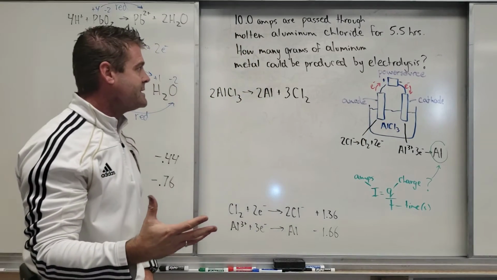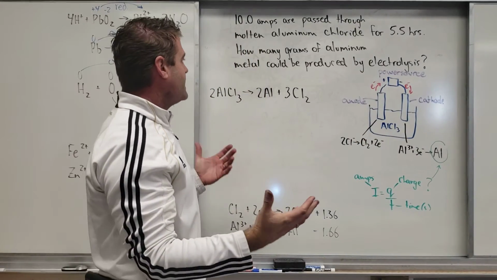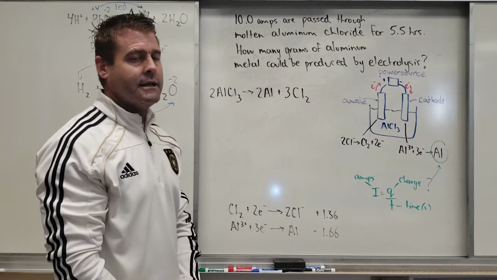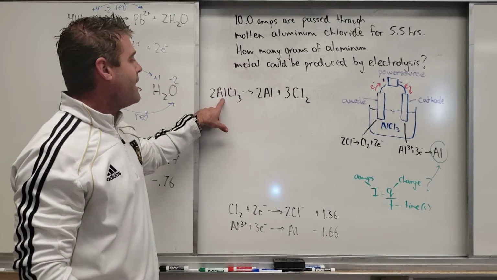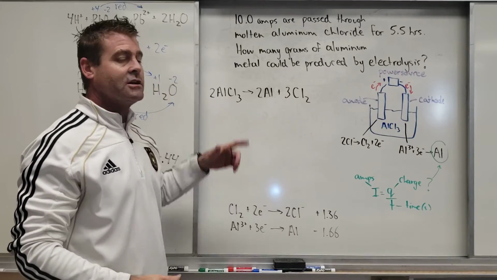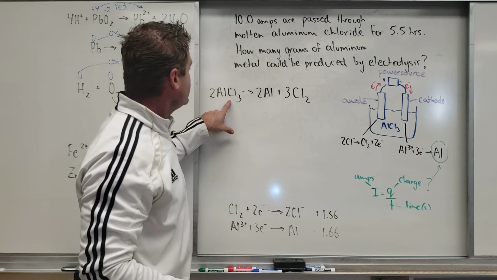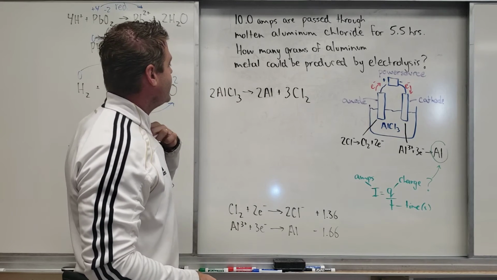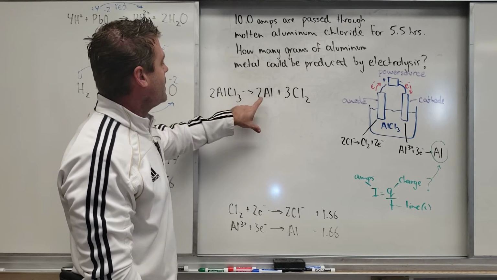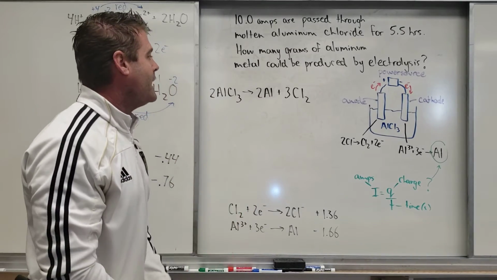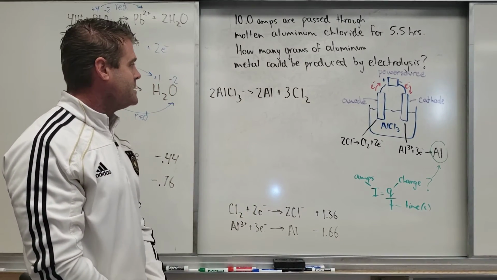Remember we were saying most things don't exist as pure elements in nature. Aluminum might be found as an aluminum oxide, or in this case, an aluminum chloride. So we can use the process of electrolysis to acquire pure aluminum from aluminum chloride. Now, we're going to look at why we need the process of electrolysis to do this.